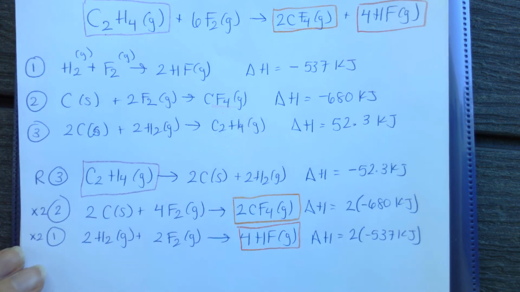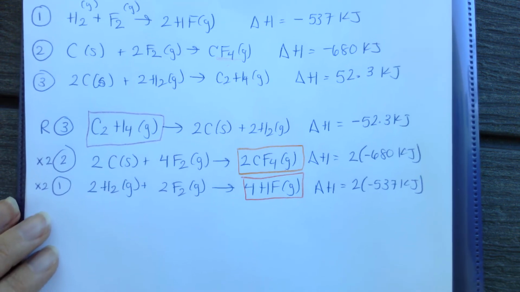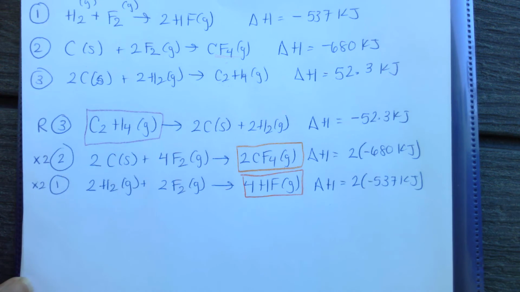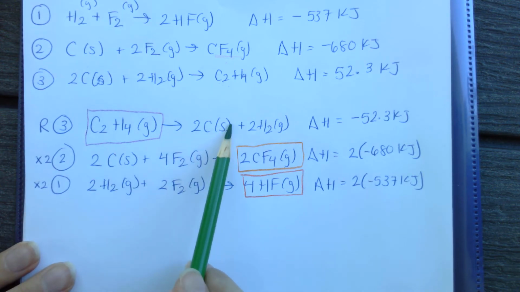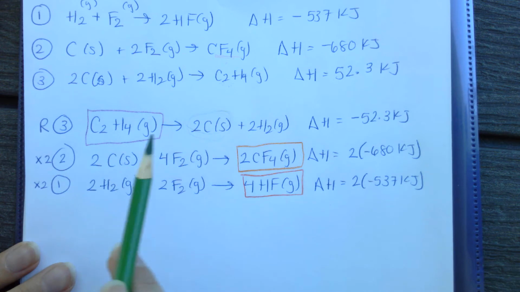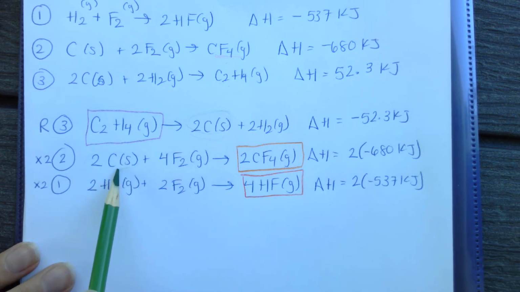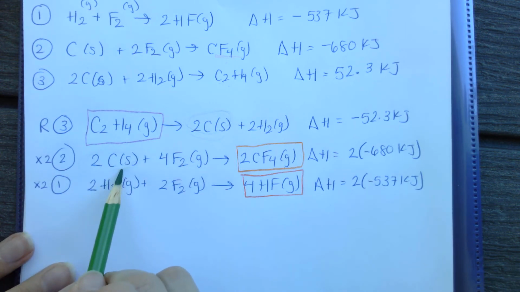Okay, so now hopefully we can go through and eliminate things that are equal on both sides, called intermediates, or kind of like in ionic equations, we call them spectators. Okay, so let's take a look. All right, so we have 2 carbons on the product side and 2 carbons on the reactant side here.